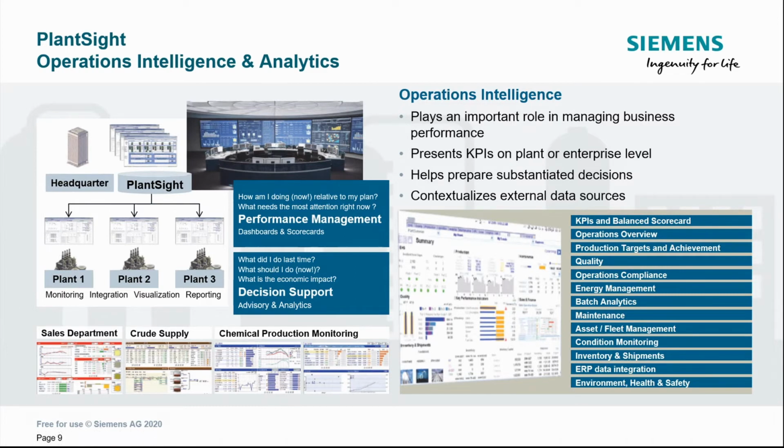So everything could be seen on a big screen like this, or on a mobile device. Again, we can see some benefits here of the solution, and on the right-hand side, some common areas where the solution can be applied, like quality or energy management and others.